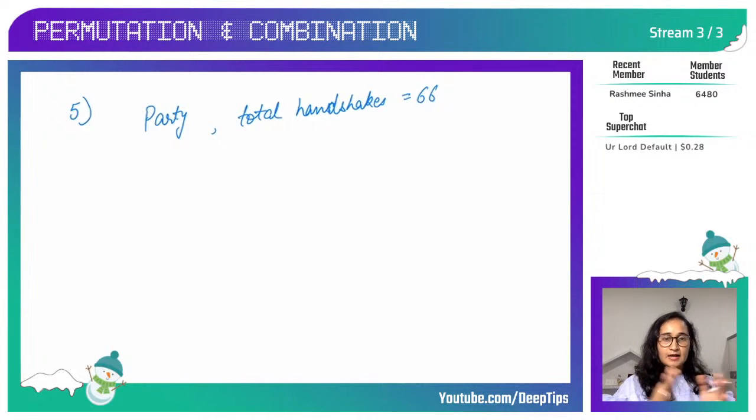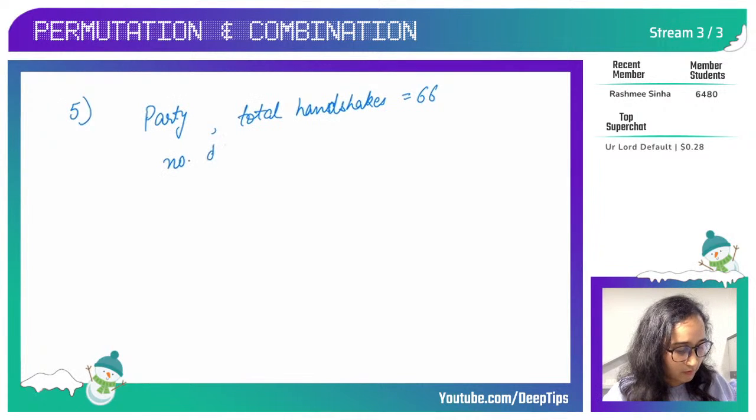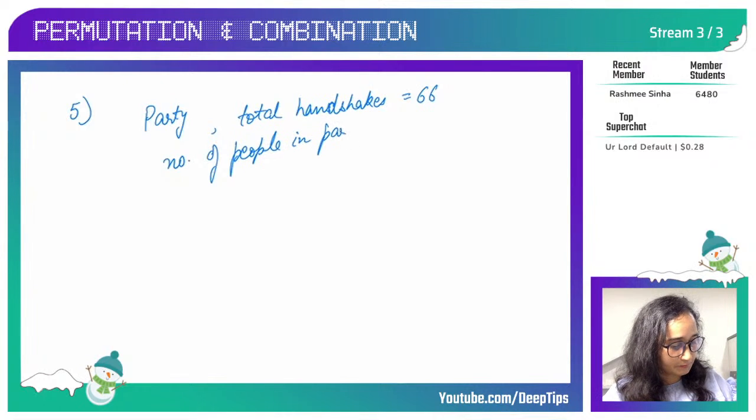That 66 handshakes were exchanged, but there is a condition that no two persons have shaken hands twice. It means if I have done handshake with someone, I have not done it twice, only once. So these are unique handshakes. So tell me, what is the number of people in the party?